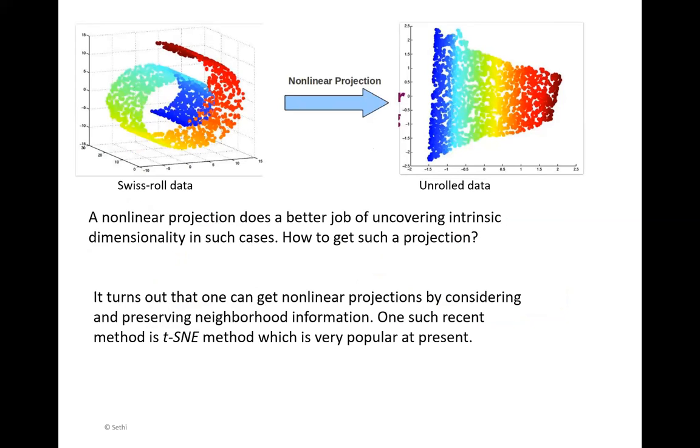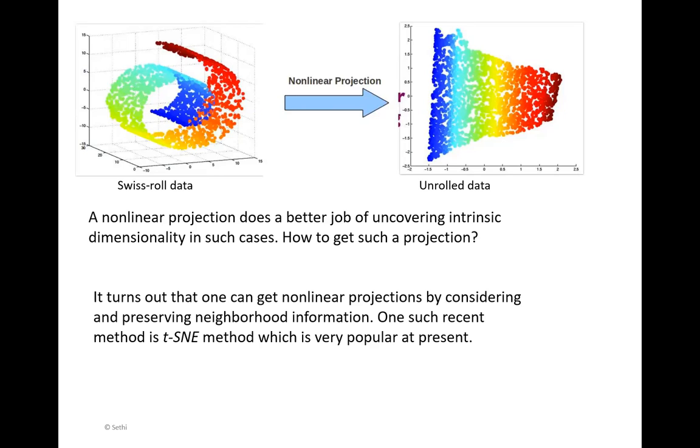And you can see that this result looks much better than what we saw in the earlier slide. So for situations where the data is lying on many folds, we can make use of a nonlinear technique.